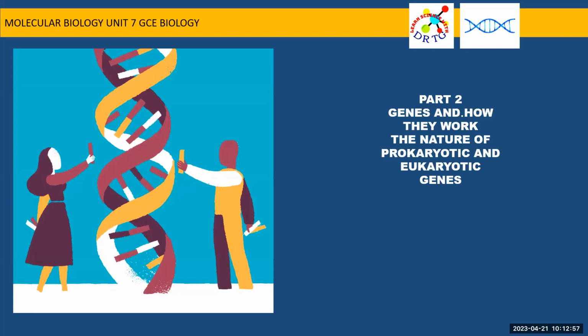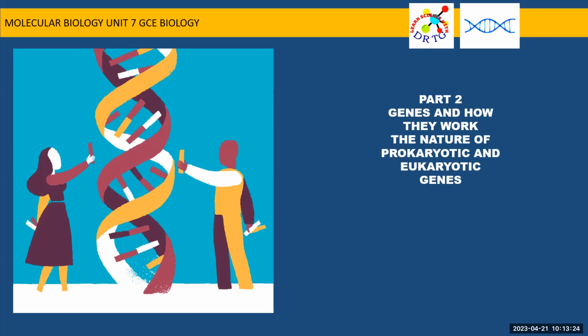The second one is genes and how they work, the nature of prokaryotic and eukaryotic genes. Now we're going to learn more about genes. In genetics, we learn and discuss so many things, but we haven't learned about genes.